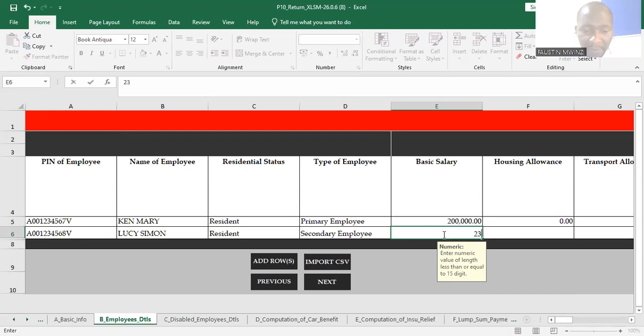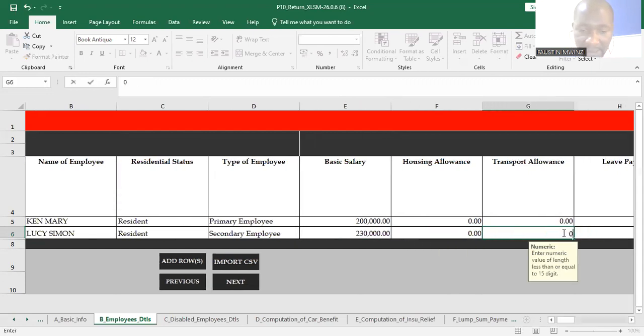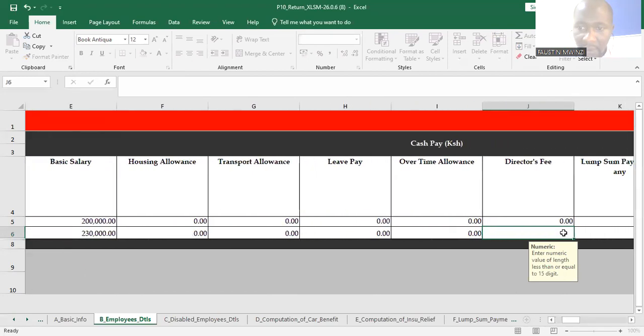Secondary employee, let us give him 230. I'm using 230 because this one had 200 and then we added 30. I want the amount to be the same so that you notice some difference. Zero for these benefits, keep adding zero. Don't skip, keep adding zero.